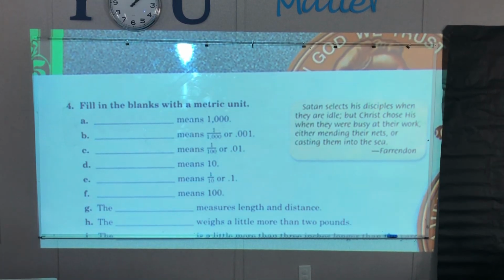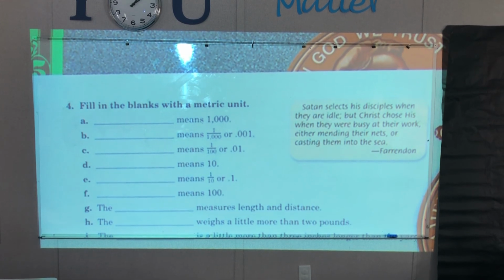Okay, boys and girls, on the back of your worksheet, I wanted to go over pretty quickly your metric units. So number 4 says, what is the metric unit that means 1,000? Do you remember? Kilo, very good. What is the metric unit that means 1/1000th? Milli, very good.